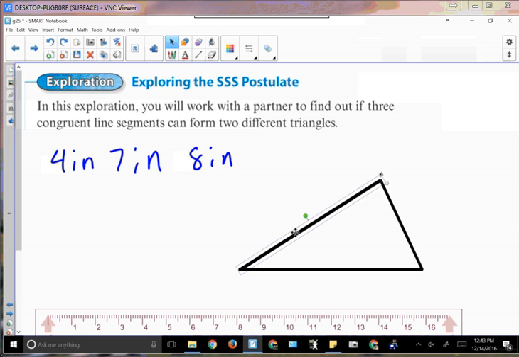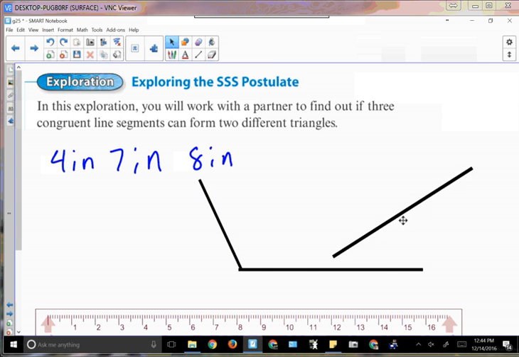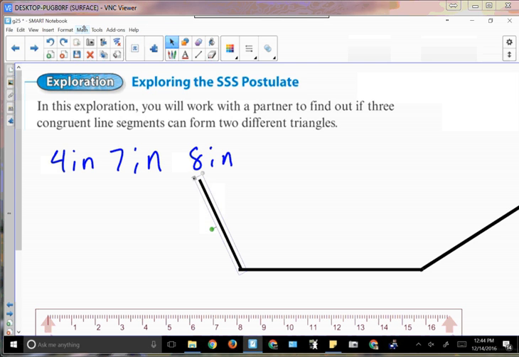I can't change the measurements. Well, I could rotate it, but it would be the same triangle. If I said that I wanted to have this one over here, and I wanted this one over here, I want to make that a triangle, right? Let's see.